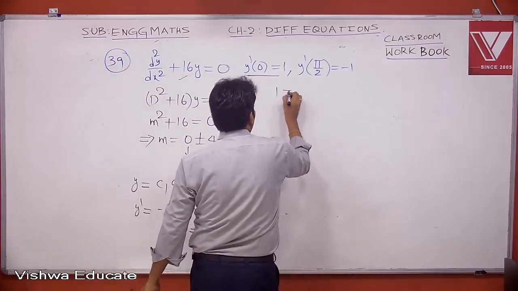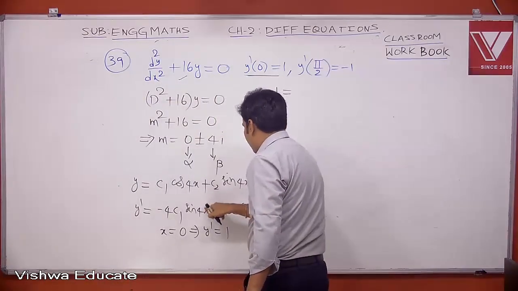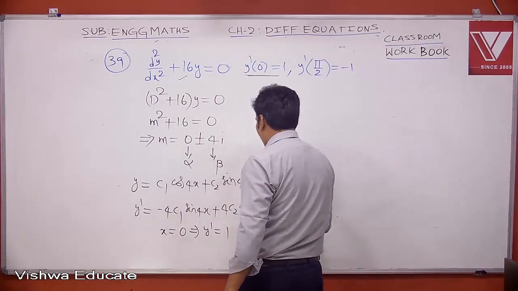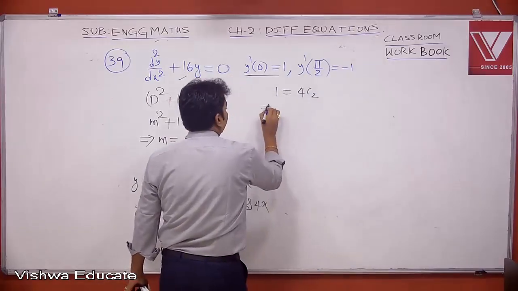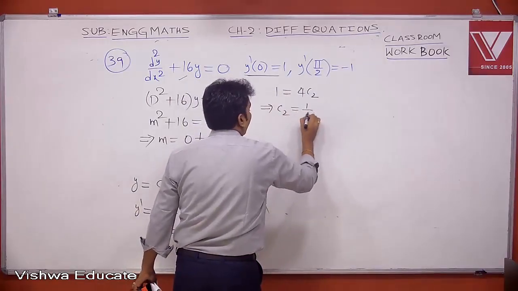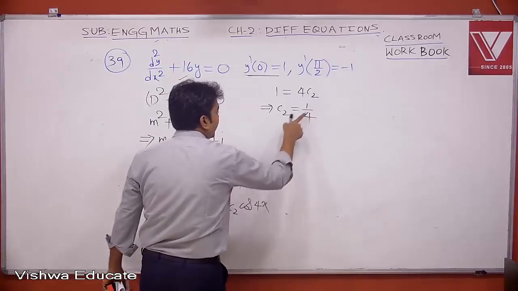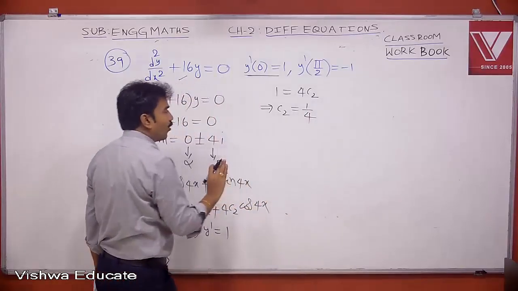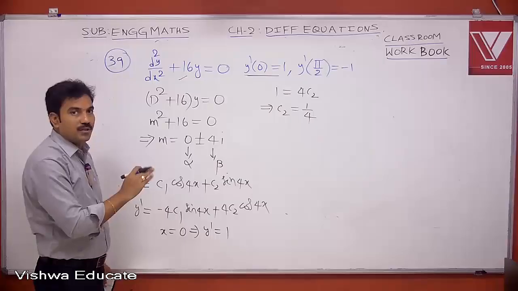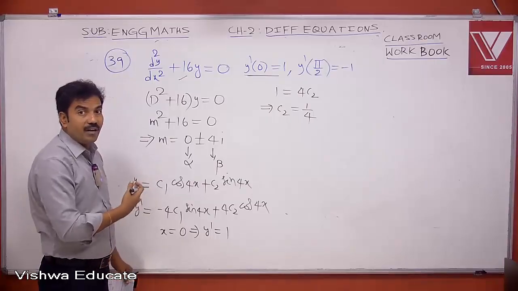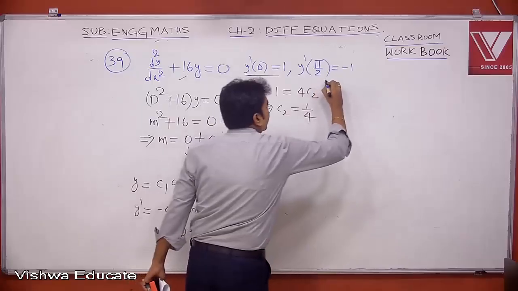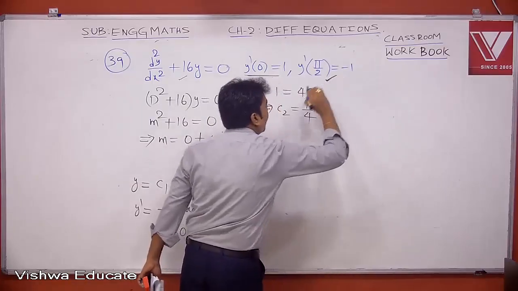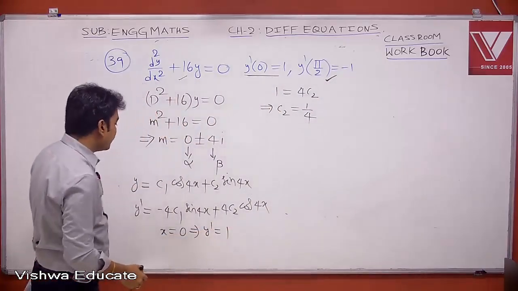Sin 0 is 0, cos 0 is 1. Therefore 1 equal to 4c2. So this implies c2 equal to 1 by 4. So we got a single value for c2. But don't confirm that it has exactly one solution, because the answer depends on the number of values of c1 also, right? So let us apply the second boundary condition to get confirmation about the number of values of c1.